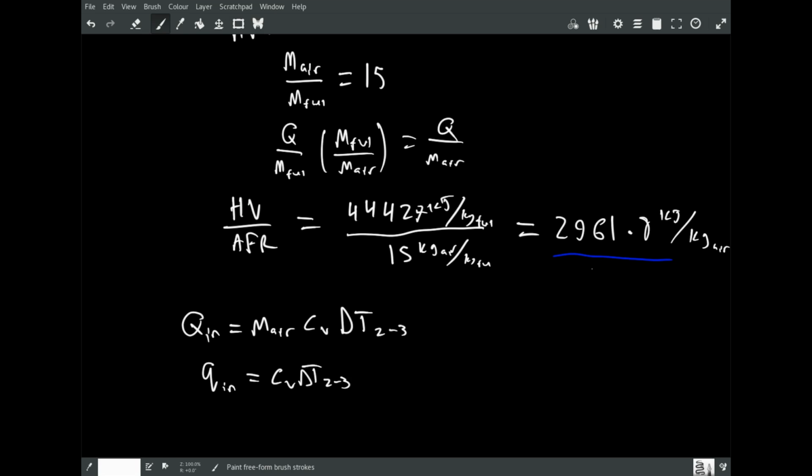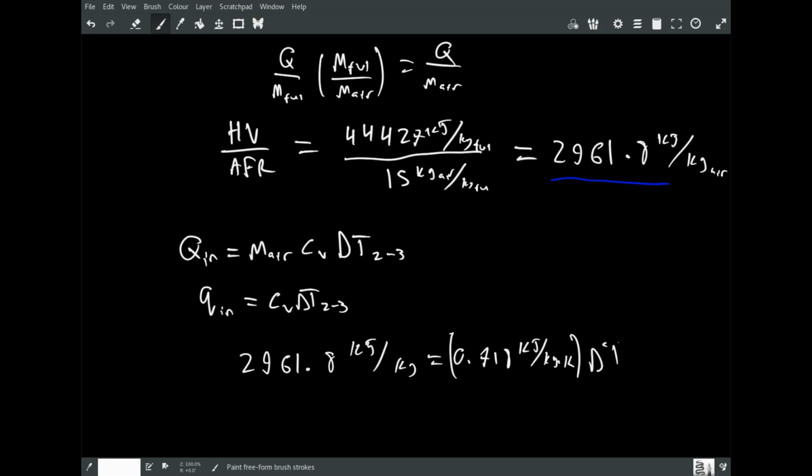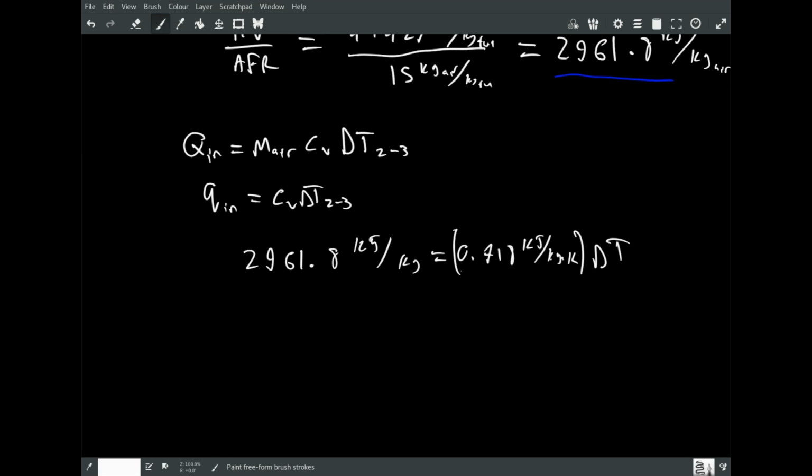And since we know this q in, 2961.8 kilojoules per kilogram equals 0.718 kilojoules per kilogram Kelvin multiplied by our delta T. We'll just leave that as delta T for now. We divide this over to here, and we find delta T from 2 to 3 equals 4125.07 Kelvin.